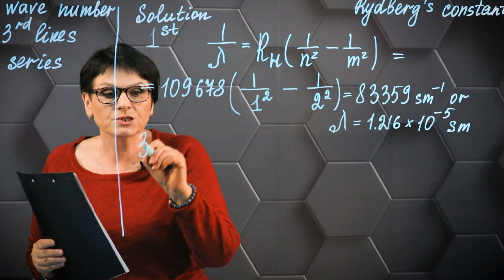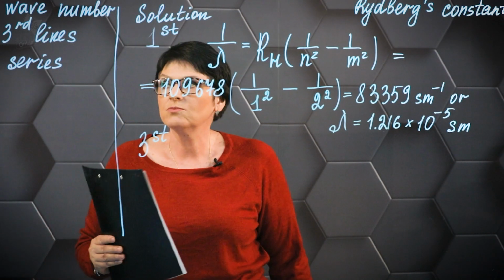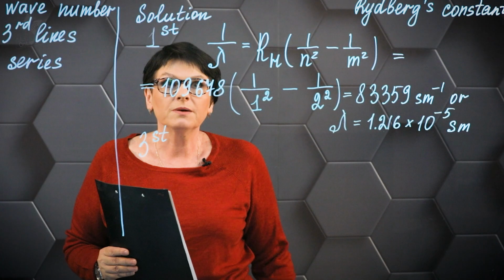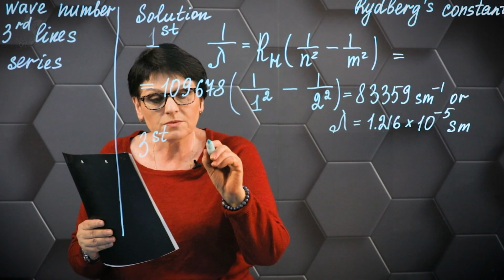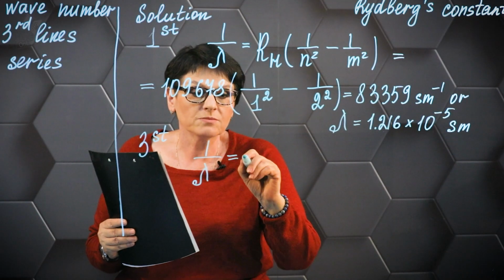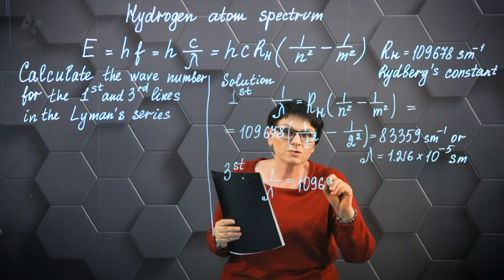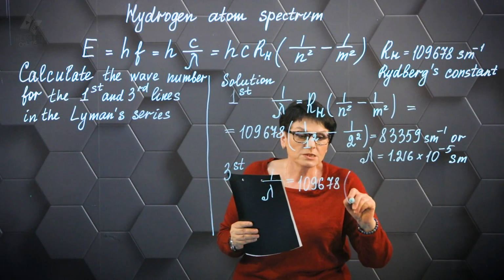Now let's calculate the same thing for the third line that is observed in the Lyman series. So we have a similar calculation. We substitute the constant here as well, 109,678.